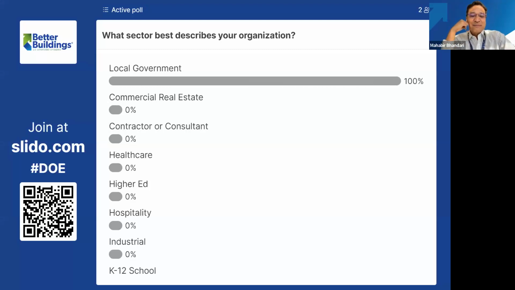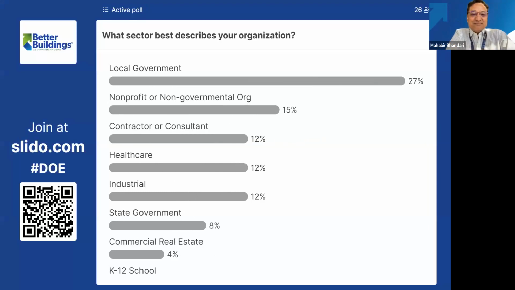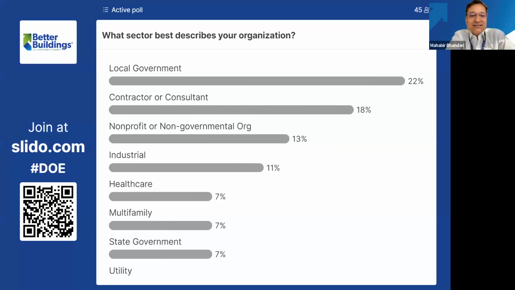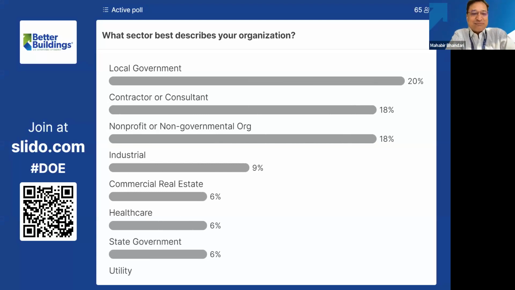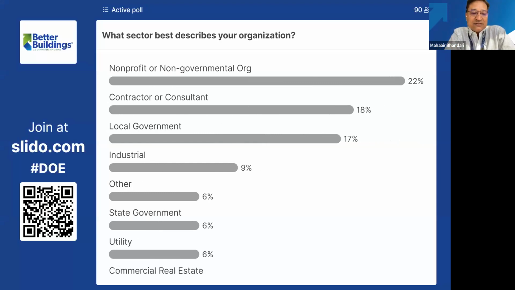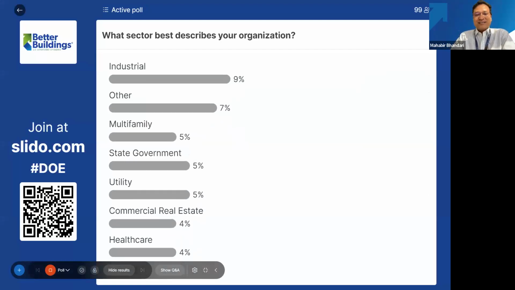We have some results coming in. Lots of local government, contractors, healthcare. Please keep coming and signing in. Non-profit or non-government organization is 20%. We have several contractors and consultants. I'm glad to see that there are industrial folks here, and utilities are coming, healthcare, multifamily.